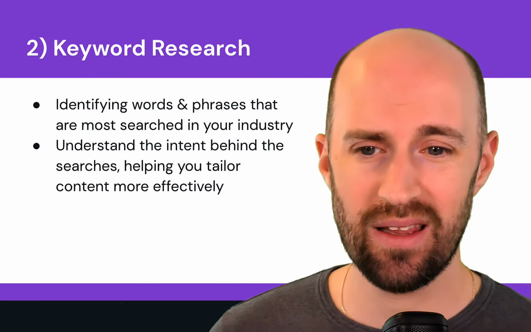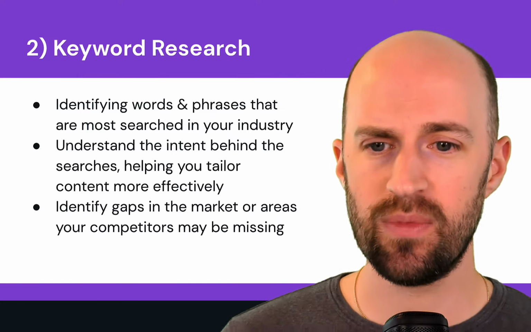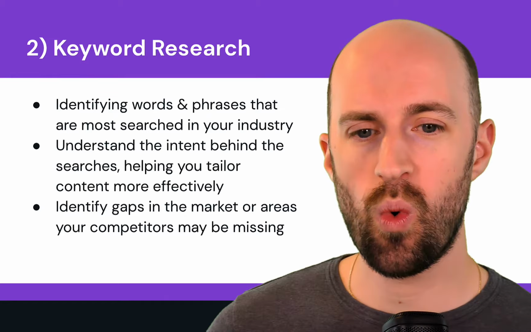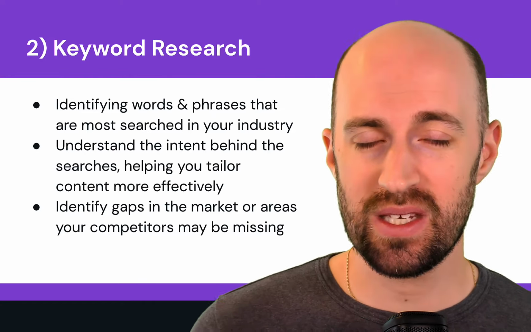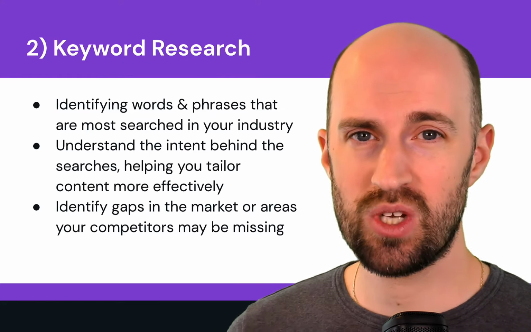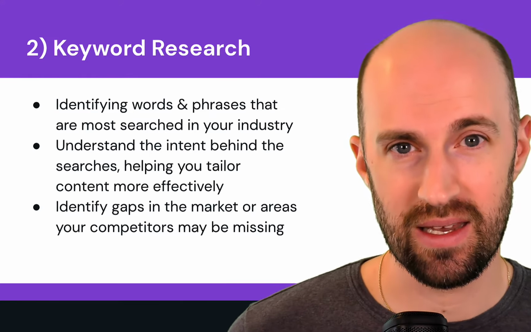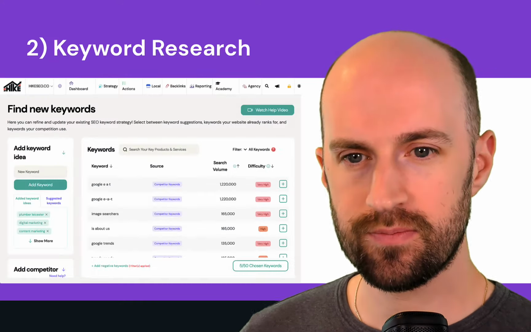This helps you tailor the content more effectively, like we discussed previously. Also, identify gaps in the market or areas your competitors may be missing on their site. This is really important because then you can start creating content that fulfills that need, and that will give you a competitive advantage in the rankings.